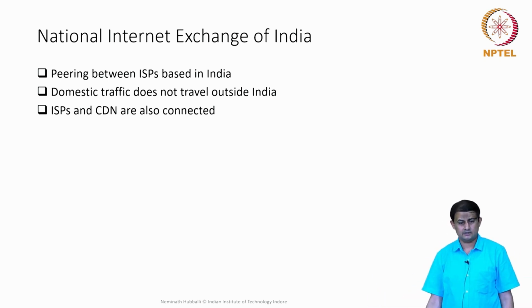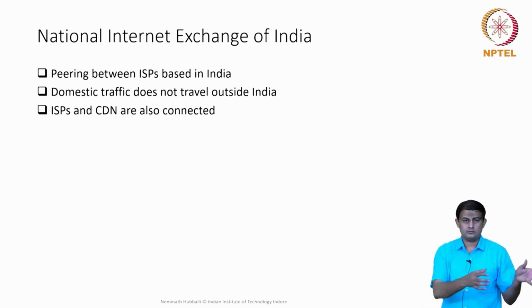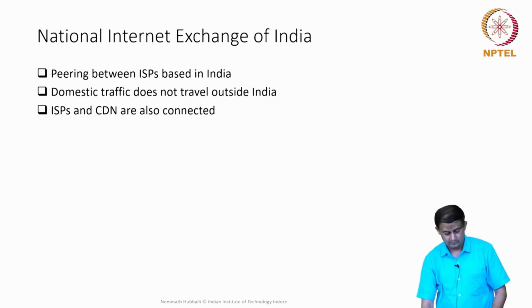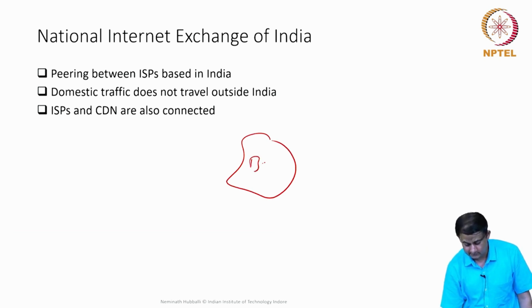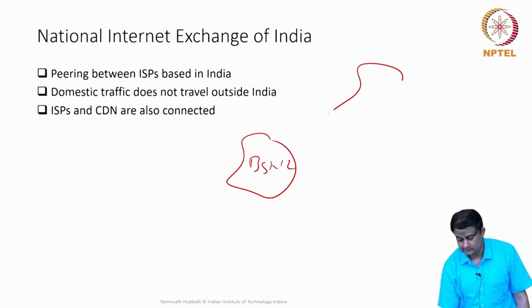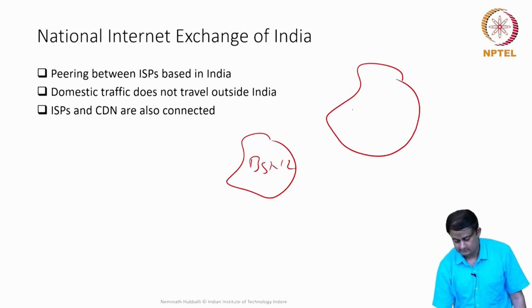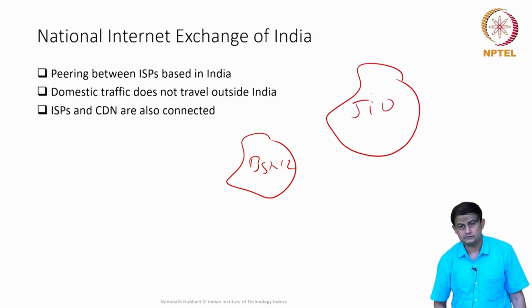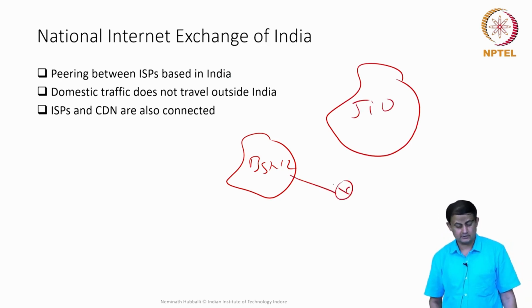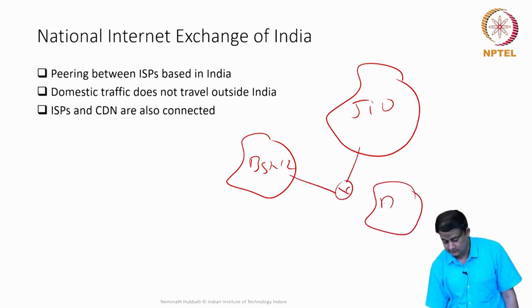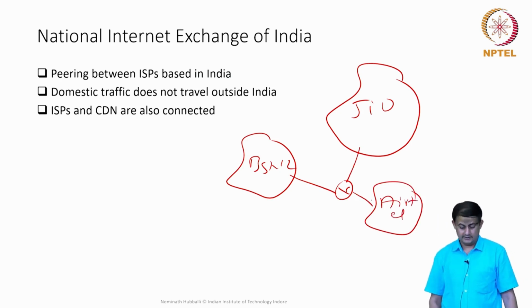if I want to send traffic to a BSNL network, I don't have to go to the tier 1 ISP. Within the nation, this is my BSNL network and this is my Airtel or Jio network. Since BSNL is connected to this exchange point and Jio is also connected to this exchange point, and so is Bharti Airtel, they all terminate there.